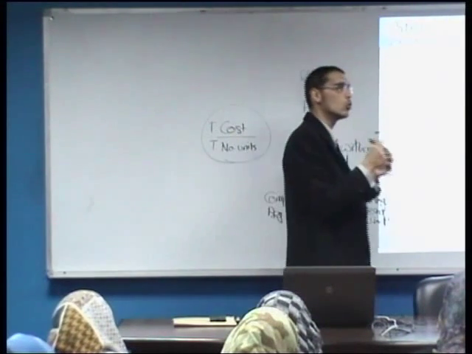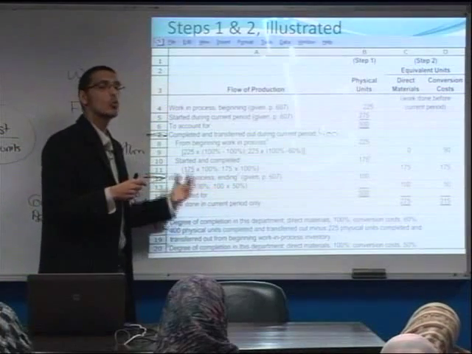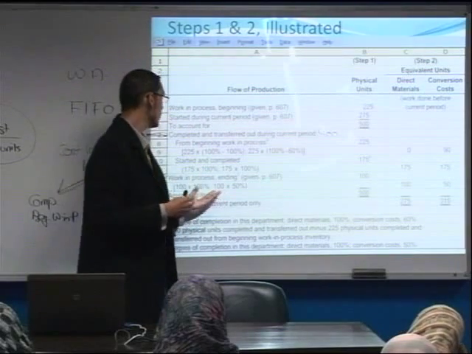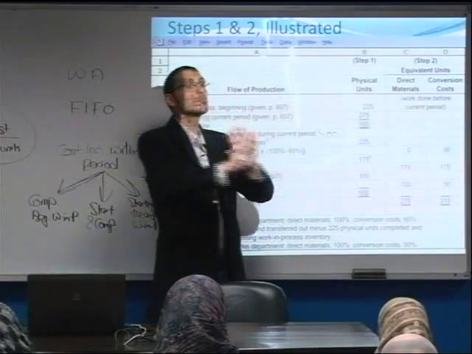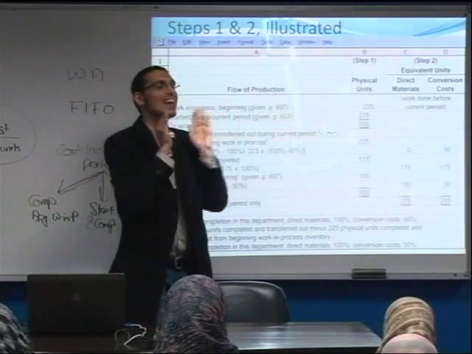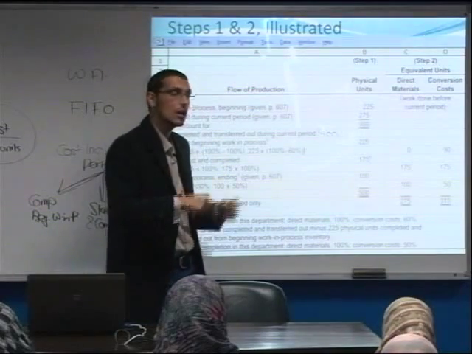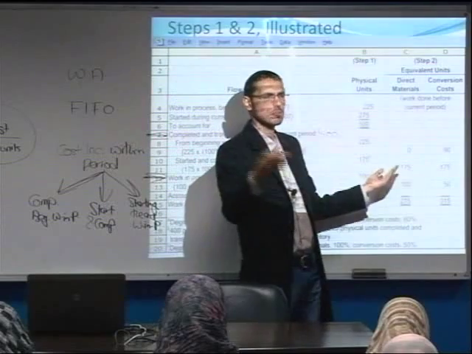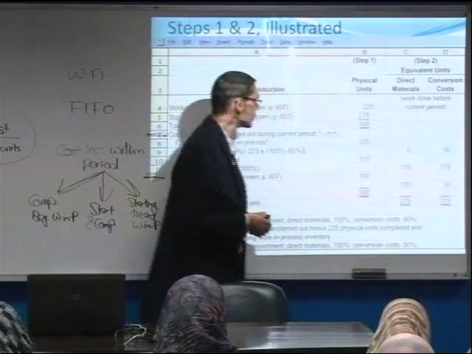Therefore, all the costs incurred for this category of units were incurred in this specific period. Therefore, if the 100 units have taken 100% of direct materials, they have taken the 100% of direct materials in this current period. Therefore, 100 units multiplied by 100% is 100 equivalent units.